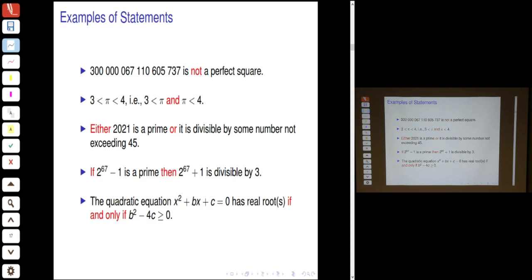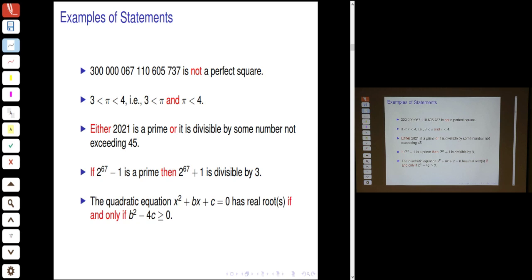For example, a question is not a statement, right? Just ask any question, and there's no truth value. And a command like go home is not a statement because there's no truth value. You cannot say whether go home is true or go home is false, right? I think we don't need to explain it any more.